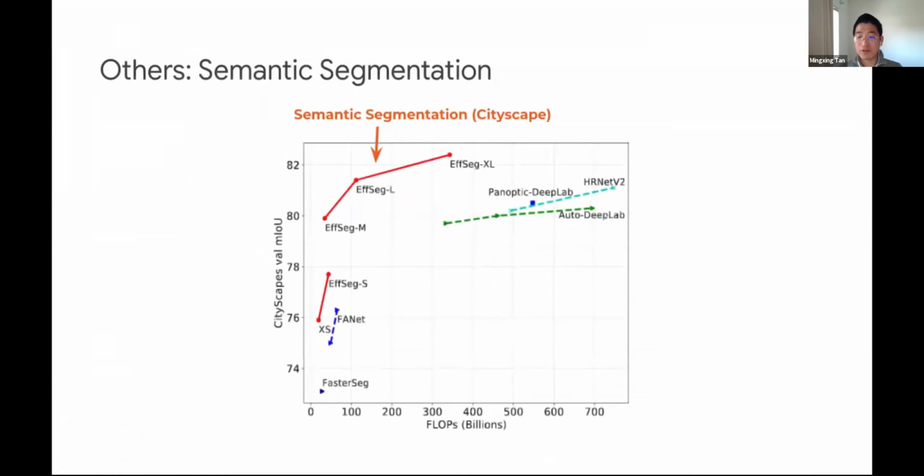And for segmentation, it is similar compared to DeepLab, AutoDeepLab, or Panoptic DeepLab. Our scaled model has a much better trade-off between accuracy and flops.